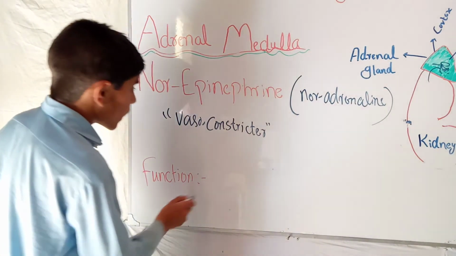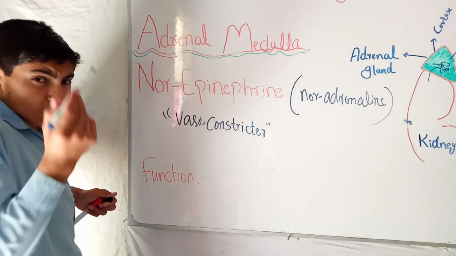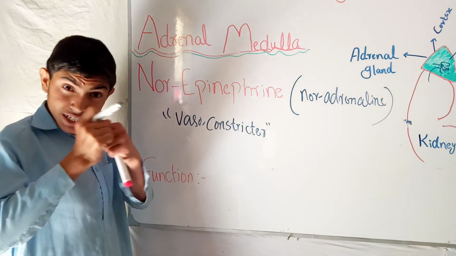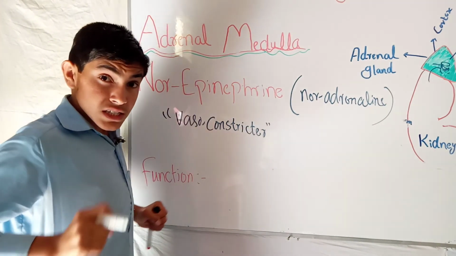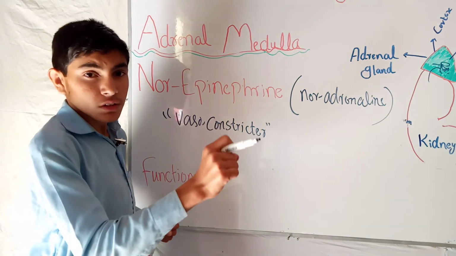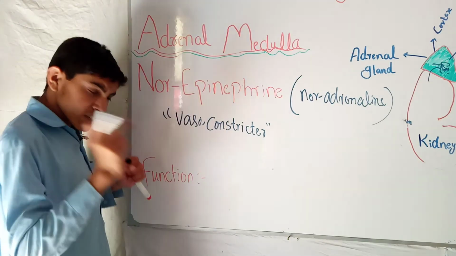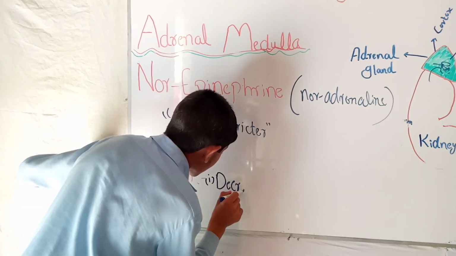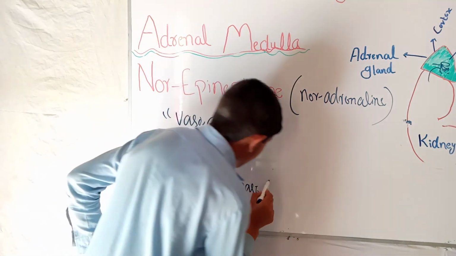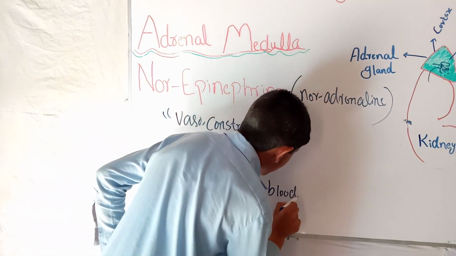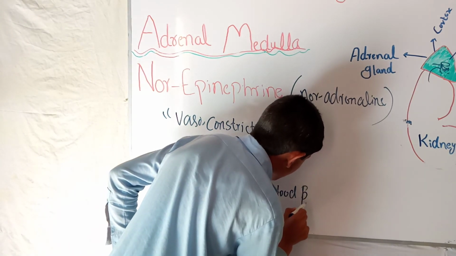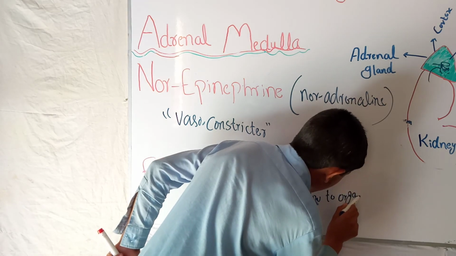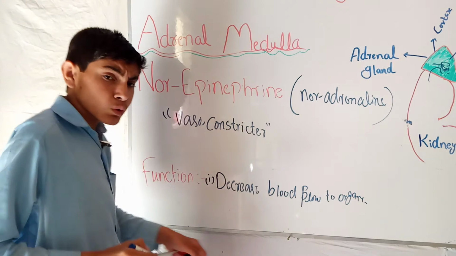So the function of this hormone is it decreases the blood flow to organs. Previously we saw that epinephrine increases the blood flow to various organs in order to fight or flight, and this hormone decreases it. So decrease blood flow to organs.